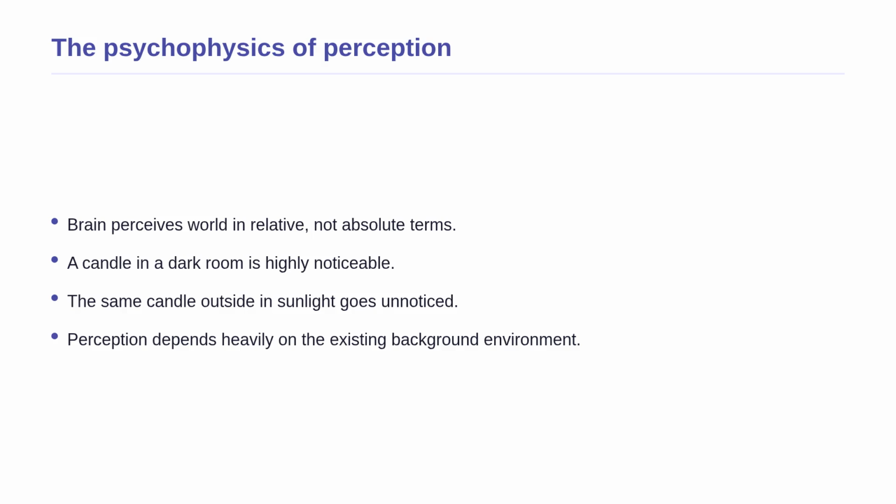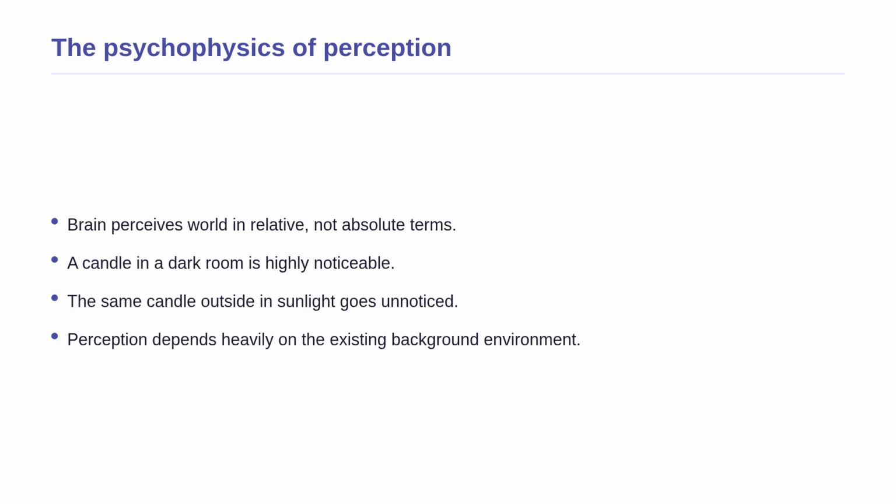Now that we know what we will cover, let us start with how we experience changes in our environment. Imagine sitting in a completely dark room and lighting a single candle. The change in brightness is huge and immediately noticeable. But if you light that exact same candle outside on a bright, sunny day, you probably would not even notice the extra light.